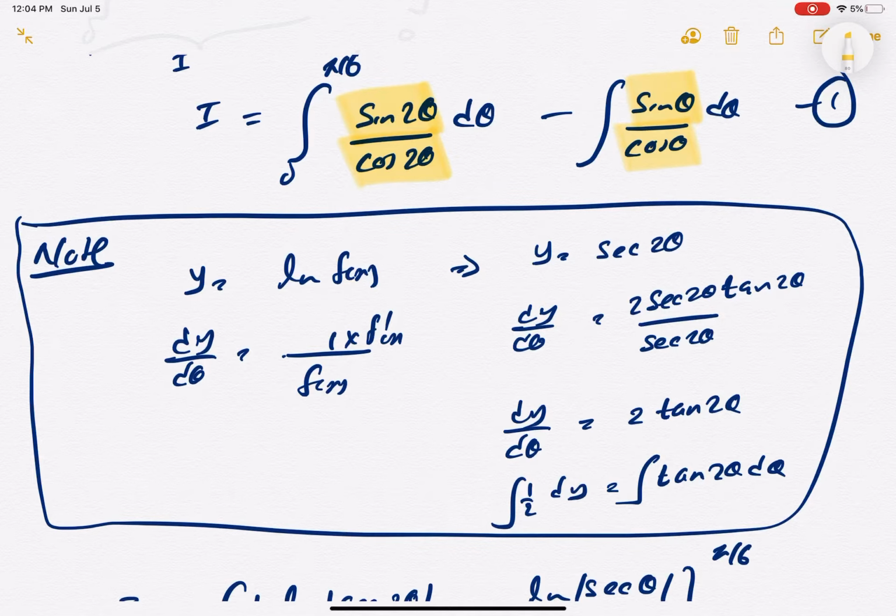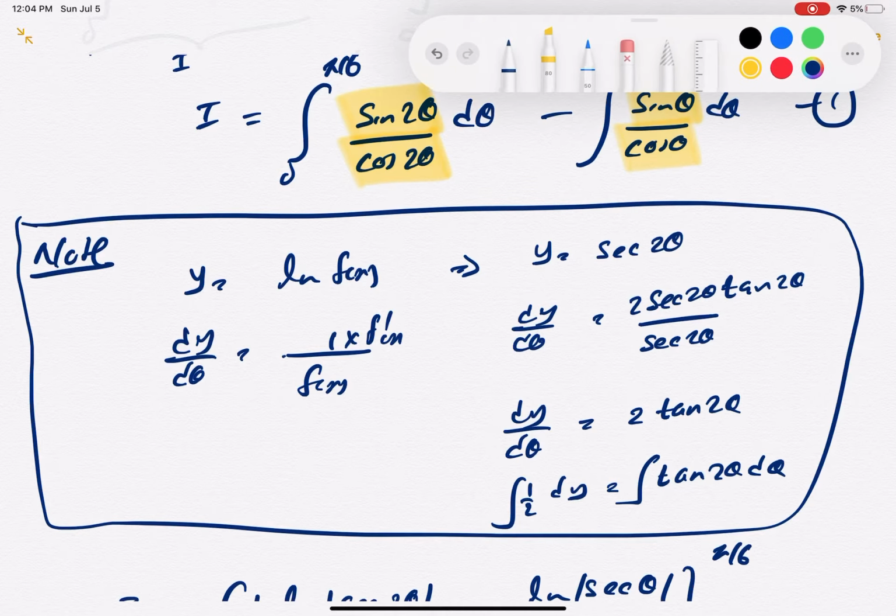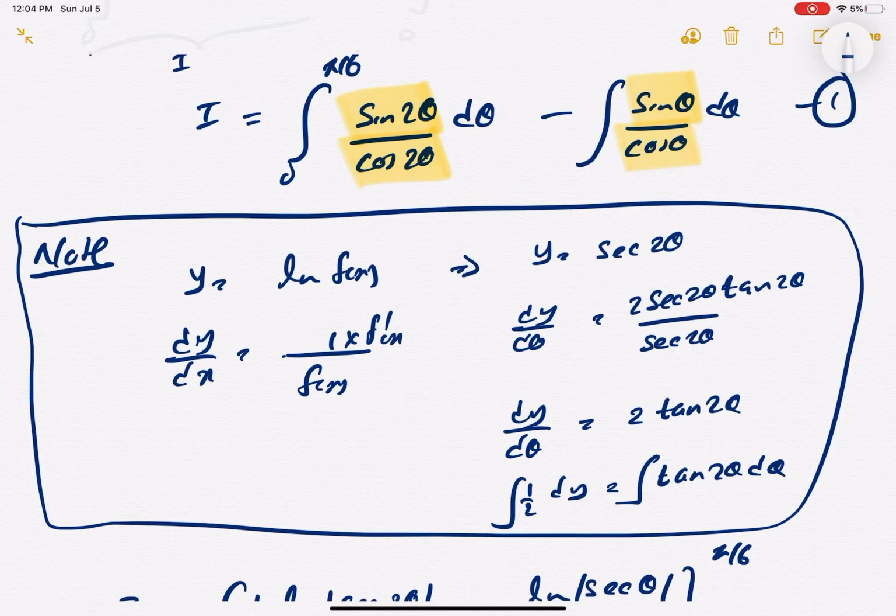If y is equal to ln f(x) and you differentiate this with respect to x, it would be 1 over f(x) multiplied by f dash x. In fact, it is f dash x over f(x).